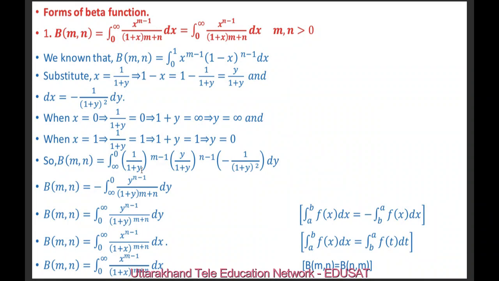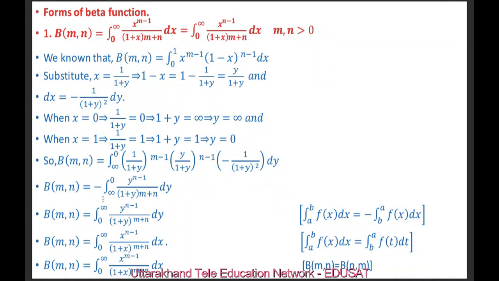In the denominator, 1 plus y raised to power m minus 1, 1 plus y raised to power n minus 1, and 1 plus y whole square. So m minus 1 plus n minus 1 plus 2. So minus 1 minus 1 plus 2 is 0. So we are left with 1 plus y raised to power m plus n. Therefore beta(m, n) is equal to the integral from 0 to infinity of y raised to power n minus 1 upon (1 plus y) raised to power m plus n dy.